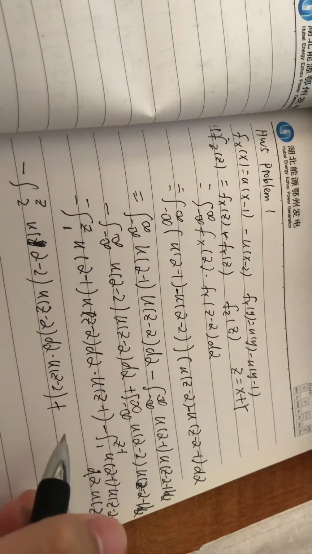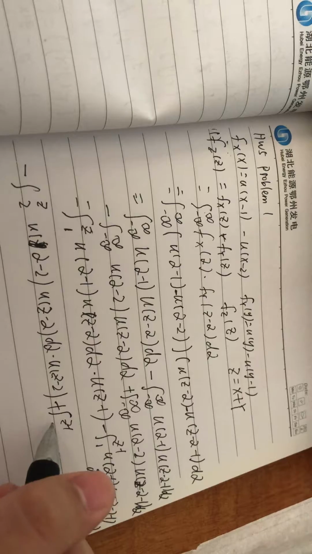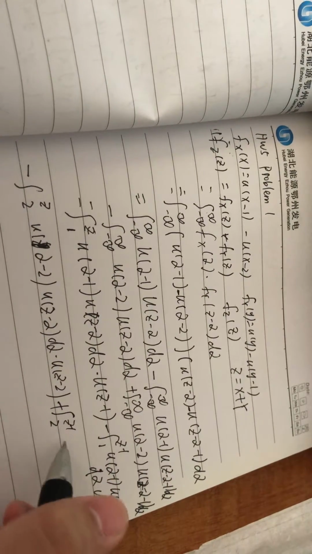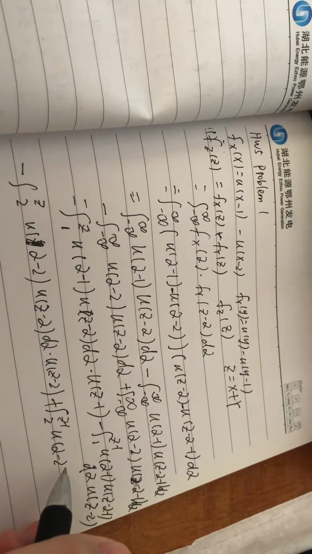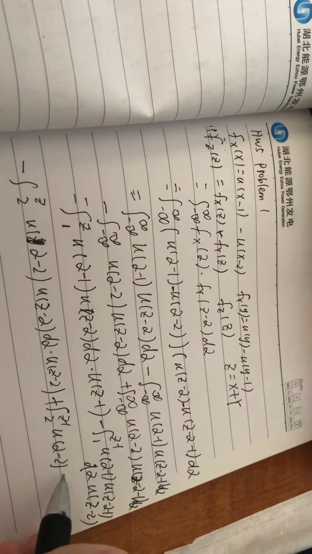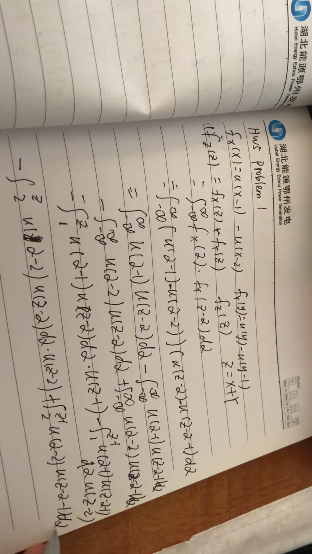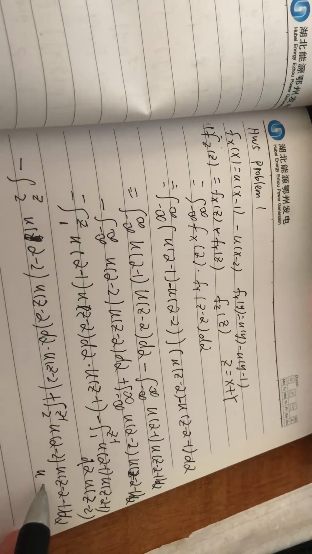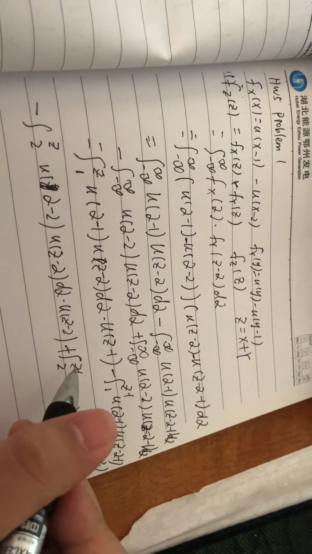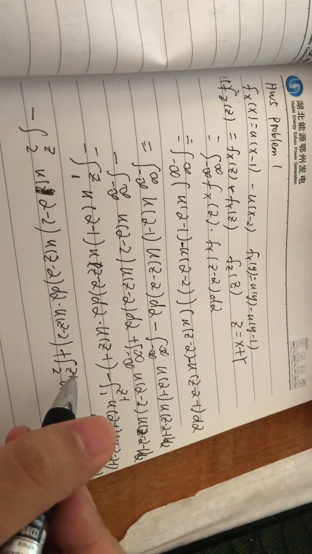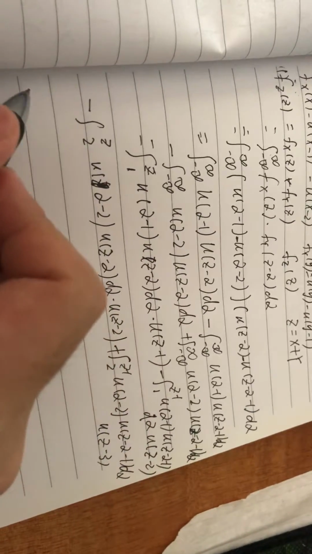And the last one is the integral from 2 to z minus 1, because of u(alpha minus 2) and u(z minus alpha minus 1), times u(z minus 3). And we can solve this.